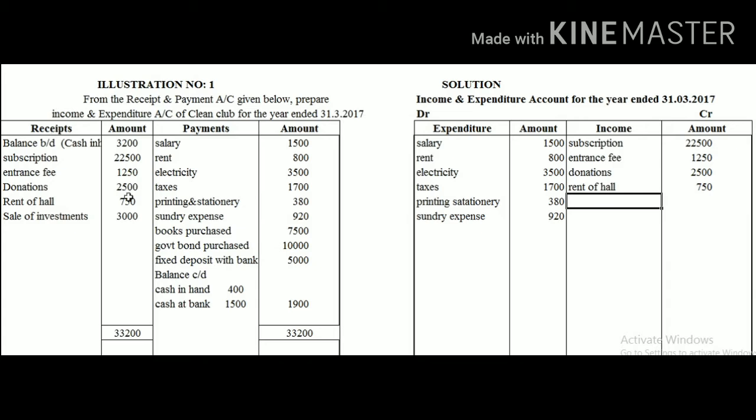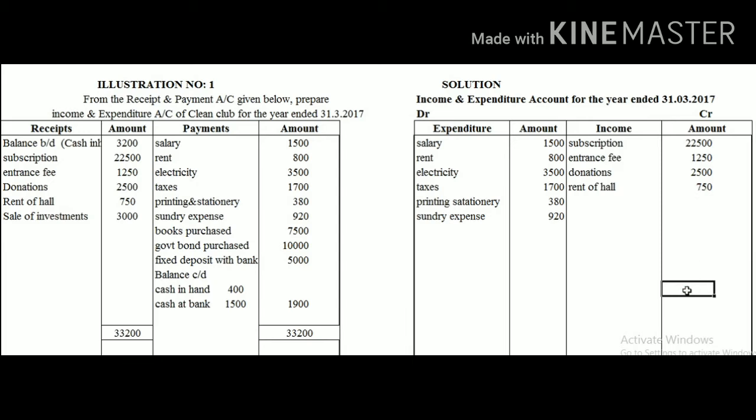The next procedure is that we have to total the debit side and credit side. What is the total of debit side and credit side? Here the total of the debit side is 1,500, 800, 3,500, 1,700, 380 and 920. But in the credit side the total is 22,500, 1,250, 2,500 and 750.